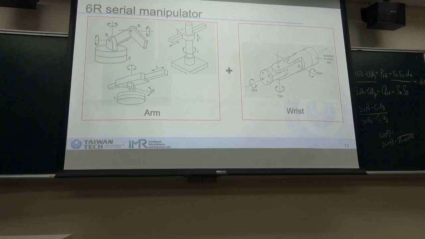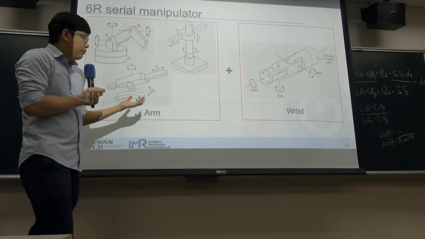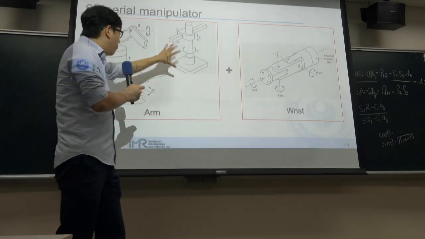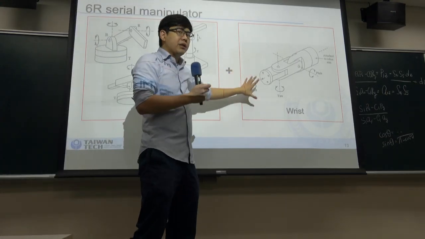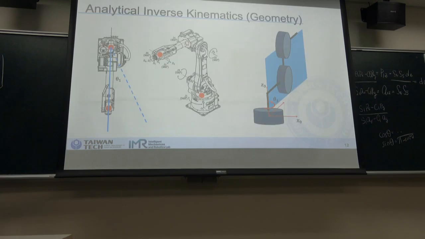If you still remember, we can separate a robotic arm into an arm part and a wrist part. If you see it from the top view, maybe the robotic arm will be like this. This point is here, the wrist part, and the first joint is over here.